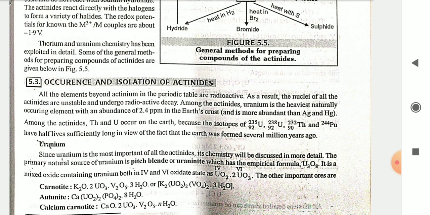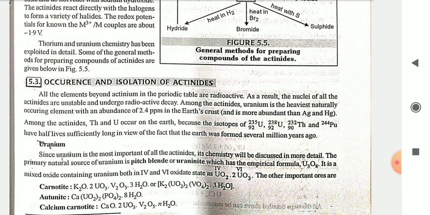Among the actinides, Th and U occur on the earth because the isotopes U-235, U-238, Th-232, and Pu-244 have half-lives sufficiently long, in view of the fact that the earth was formed several million years ago. Uranium. Since uranium is the most important of all the actinides, its chemistry will be discussed in more detail.